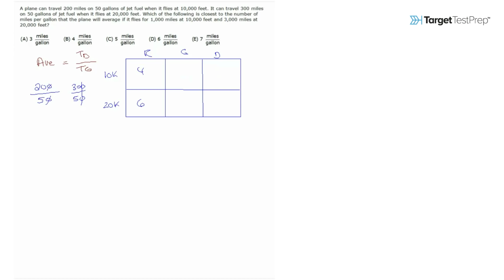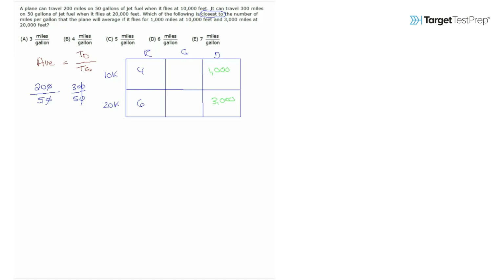Now, we keep going here, and it says, which of the following is the closest to, so once again, notice we're doing a little bit of estimation here, the number of miles per gallon the plane will average if it flies for 1,000 miles at 10,000 feet, and 3,000 miles at 20,000 feet.